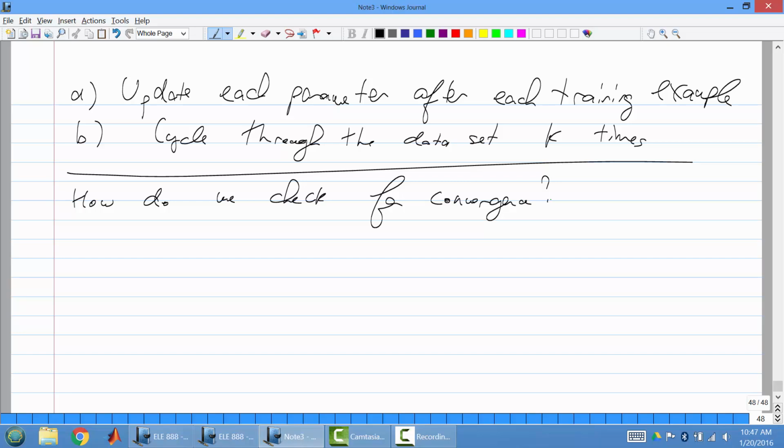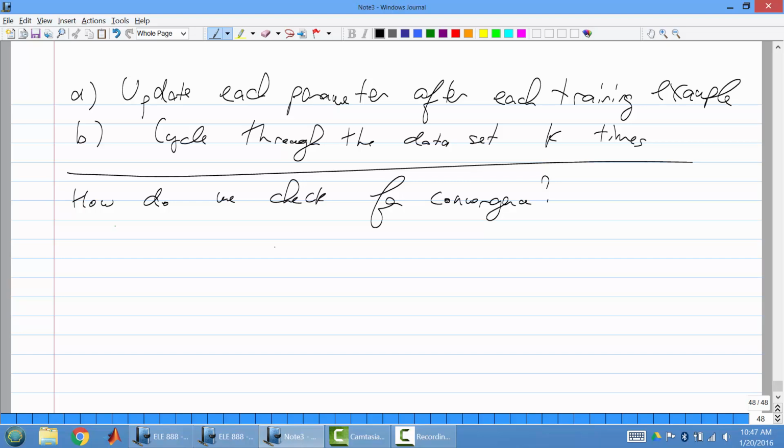For stochastic gradient descent, you check the cost for every 1,000 or 2,000 examples or so. Between the first and 1,000th example, you calculate the individual cost, then take the average of all those costs. Then you see what the convergence looks like. If it's going down, then you're probably on the right track.